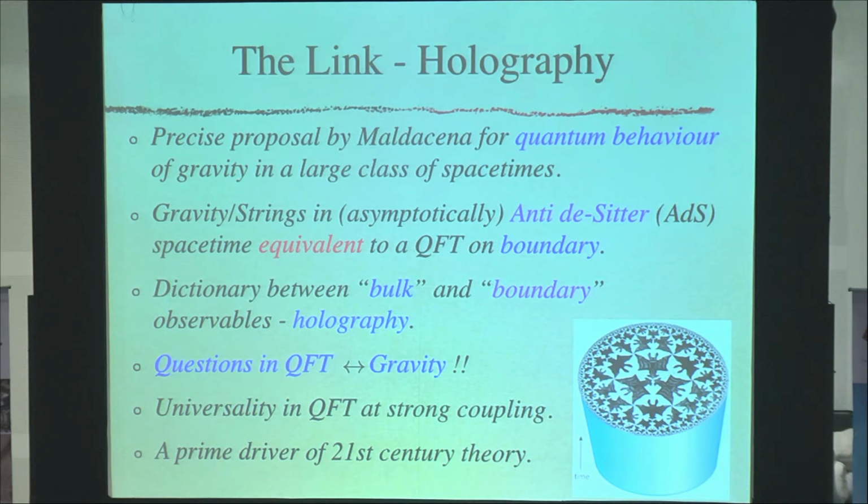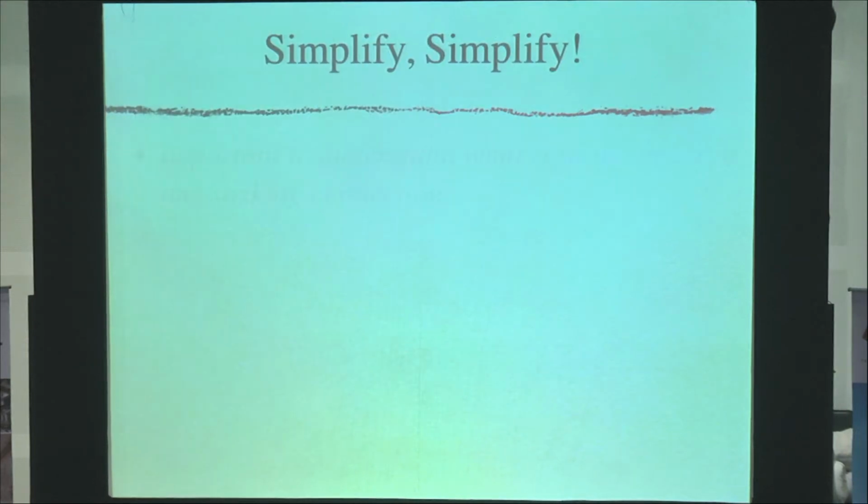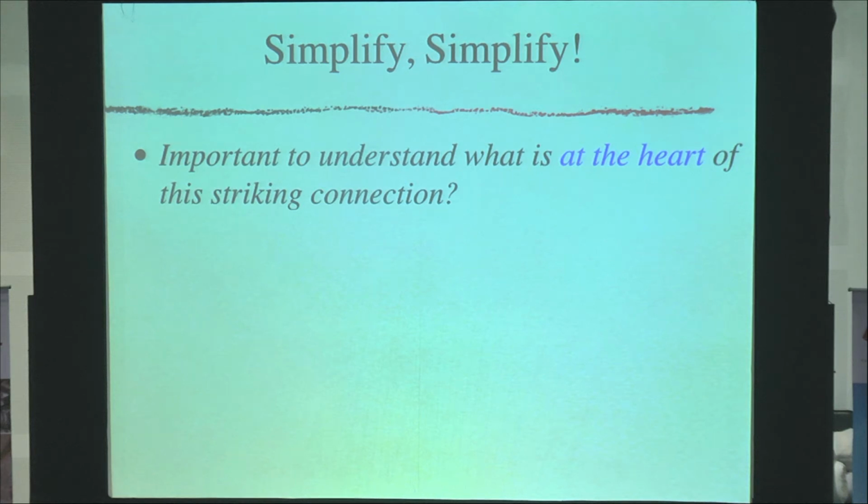So this is the broad context, and while we have this conjecture, we have many instances of this conjecture, very well tested and verified. We still, in a sense, lack an understanding of what is really at the root of this connection. What really makes this connection work?